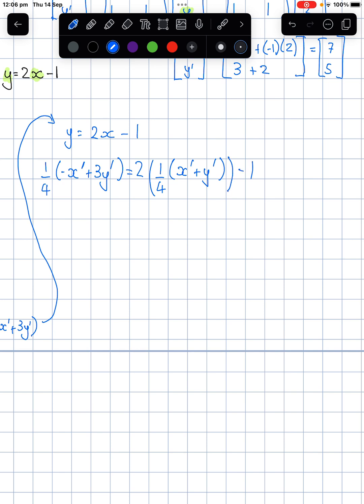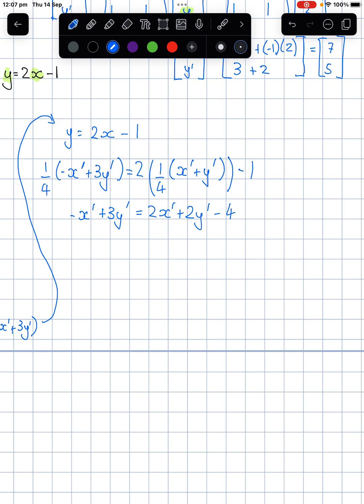Now I'm just going to multiply everything by 4 to get rid of these denominators. So we're going to end up with negative X dash plus 3Y dash equals 2X dash plus 2Y dash and then minus 4.